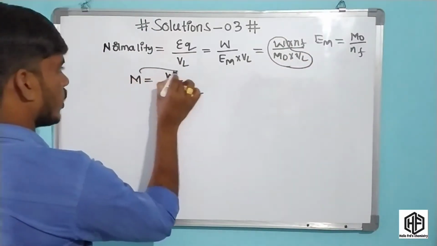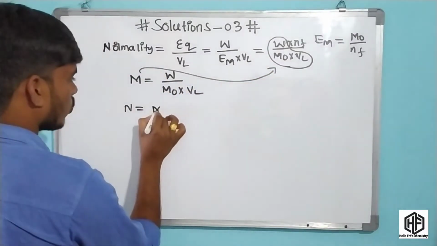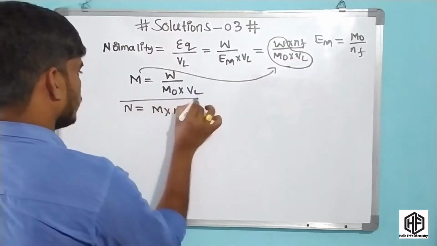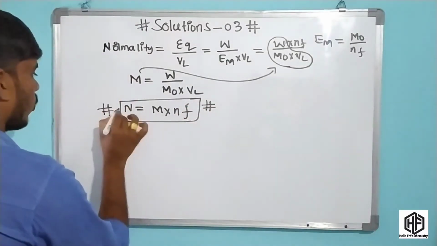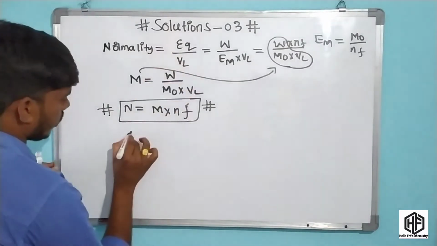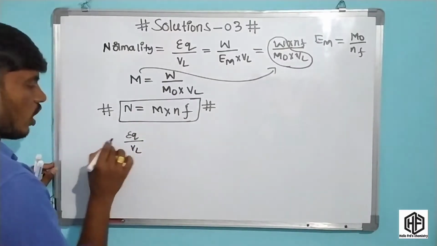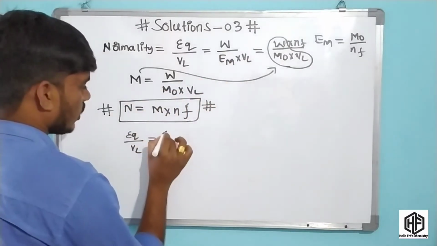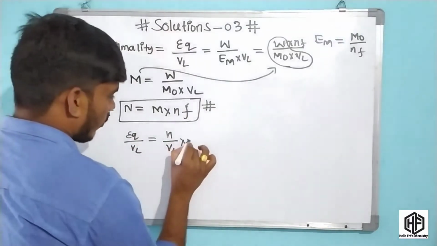Now what is the simple relation? Normality is equal to the molarity into n factor. This is one more important relation between normality and molarity. Normality is the equivalents divided by volume in liters, and molarity is the number of moles divided by volume in liters, into n factor.